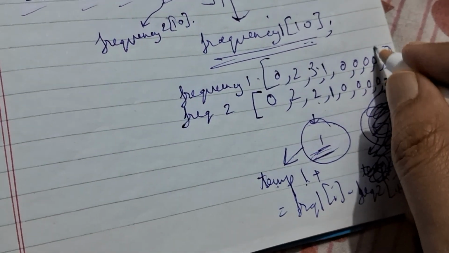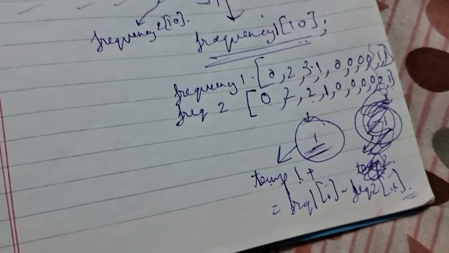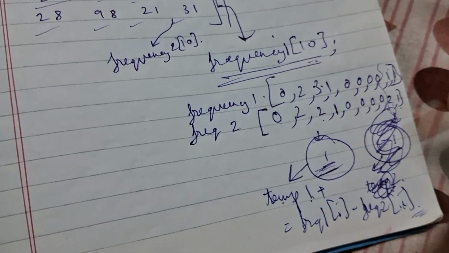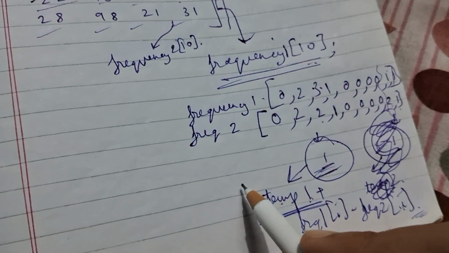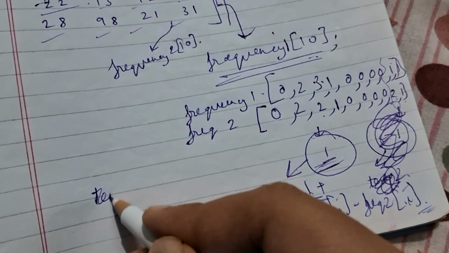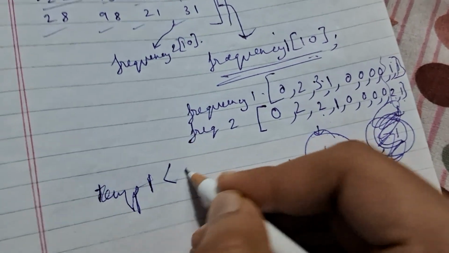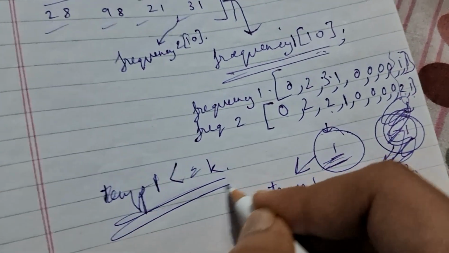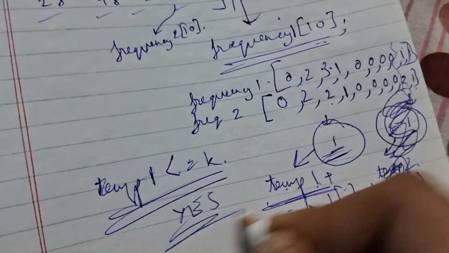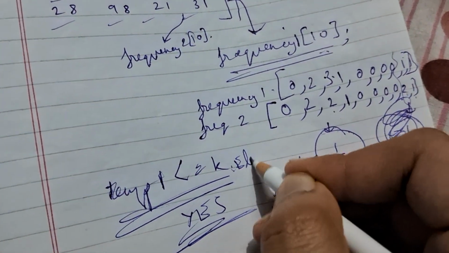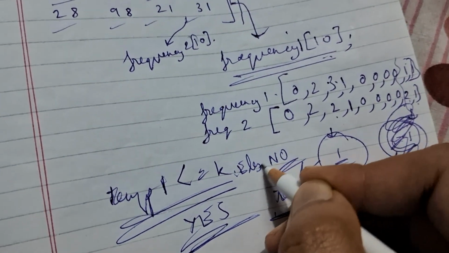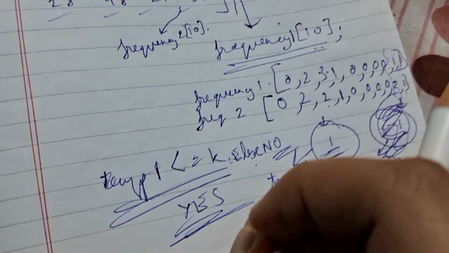Like for this case we don't need to. So what is temp1? We know this. And if temp1 is less than or equal to k, then we can say it's a big yes. Else it's a big no. Okay, so you know this.